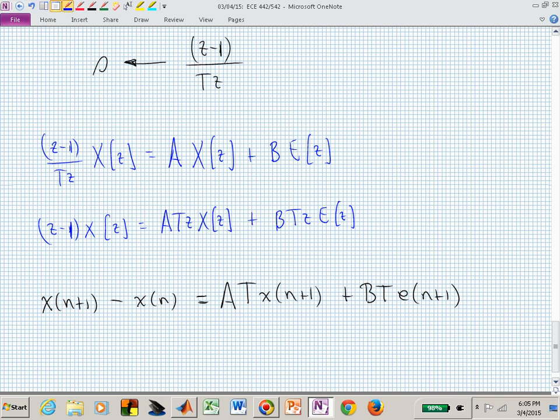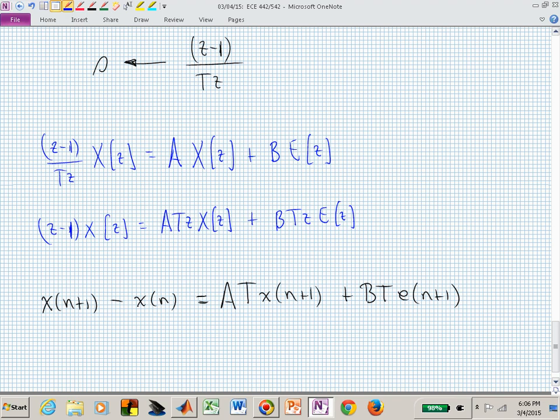Pardon? E of n. E of n is not here, is it? We have e of n plus 1, darn it. That's one time step into the future. We want our state space to be x, or whatever our state vector is at the future time, one time step, equal to something times that state vector plus something else times the current input.